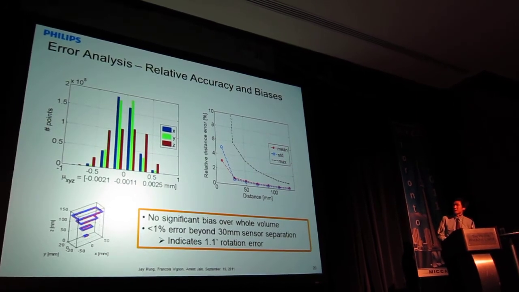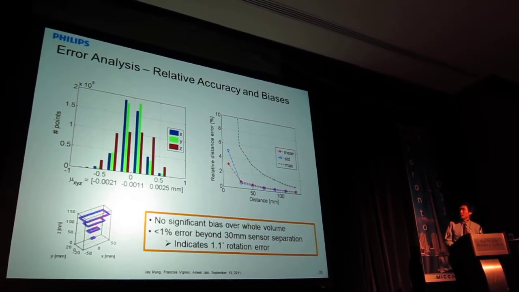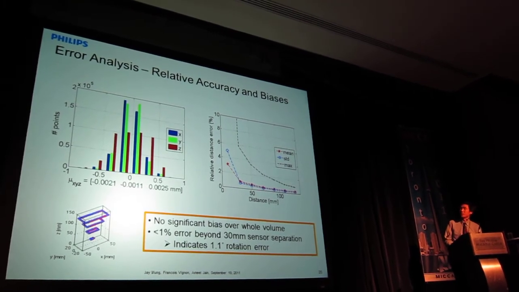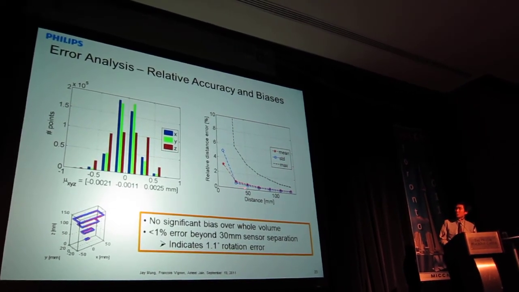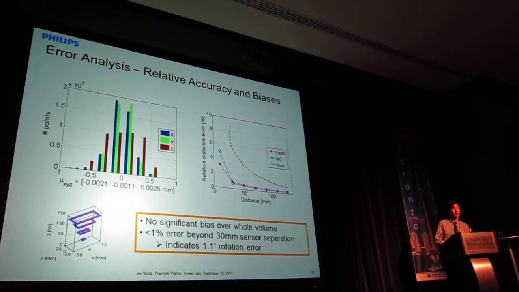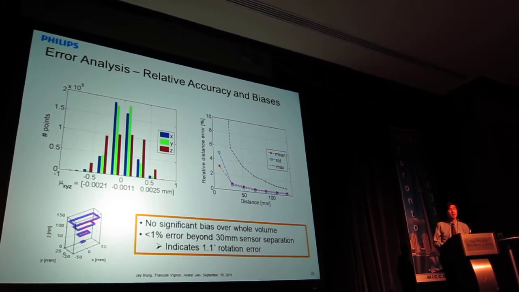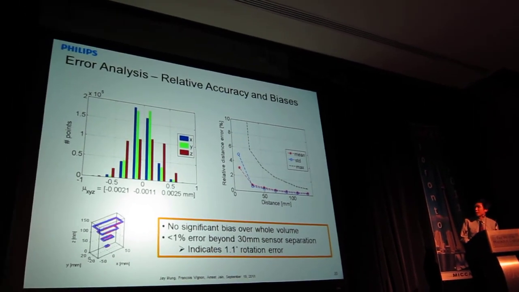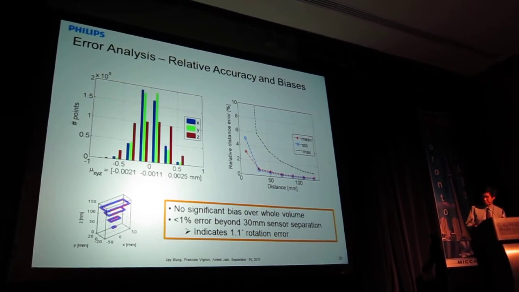What this tells us is if we have 2 sensors that are separated by greater than 3 centimeters or so, we'll have less than a 1% distance error. And this suggests that if we were to use 2 sensors to find tool orientation, we would have about a 1-degree rotation error.